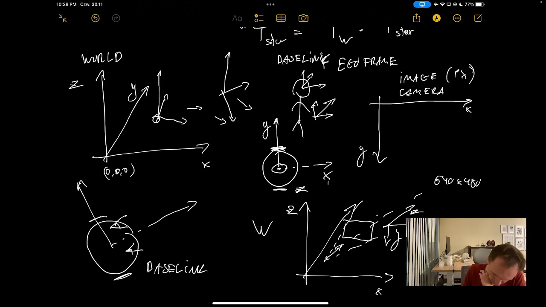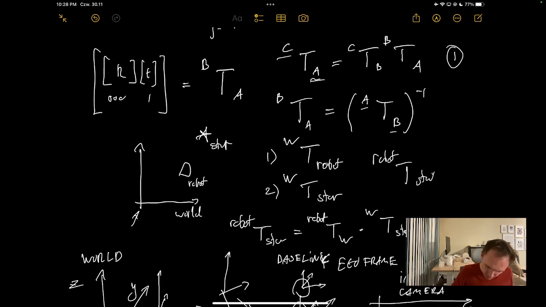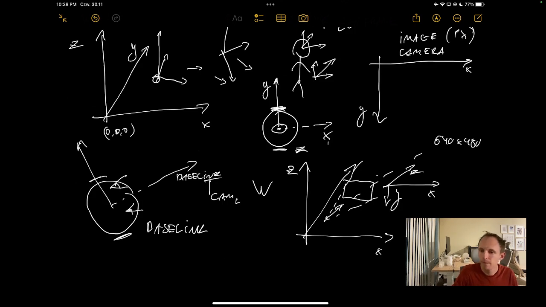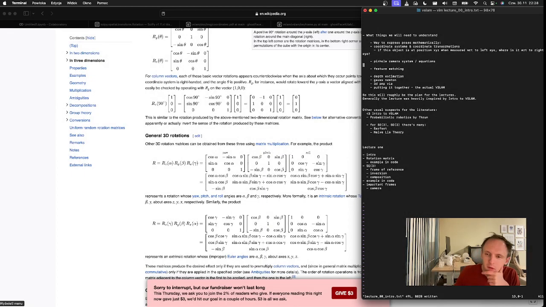And then the camera left has some pose in base link. And then, based on these rules that we have explained above, we can smoothly transform between those. Yeah, and I think that's pretty much it.